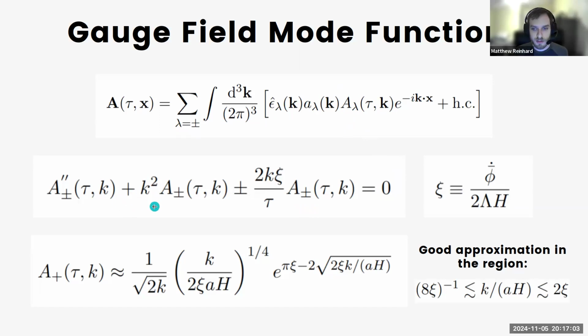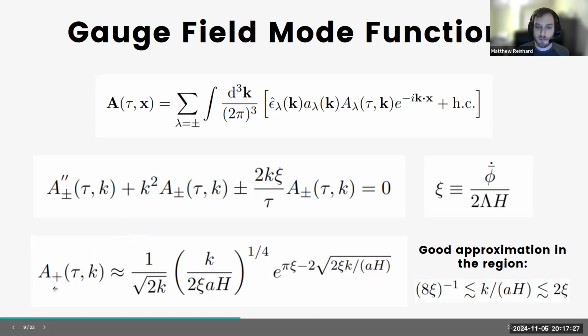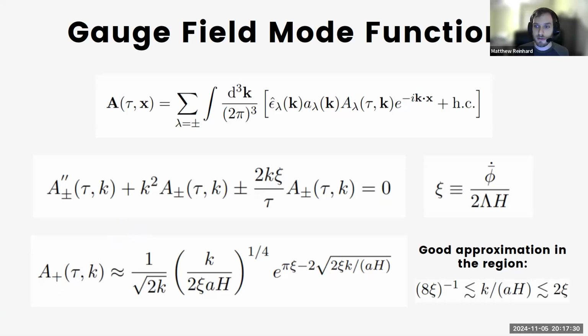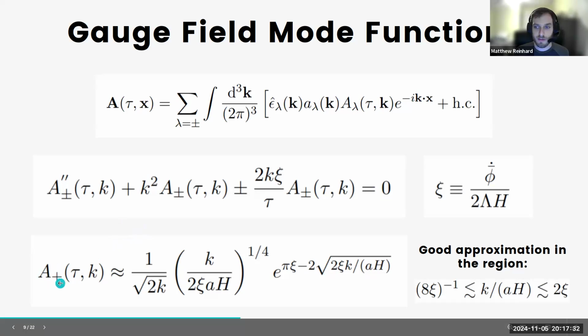And the solution to these equations shows that we get a growing mode for the A plus modes and a suppressed mode for the A minus modes. So this imbalance in these two modes corresponds to a production of positive helicity particles compared to a suppressed production of the negative helicity particles. So this is the source of parity violation in this model.